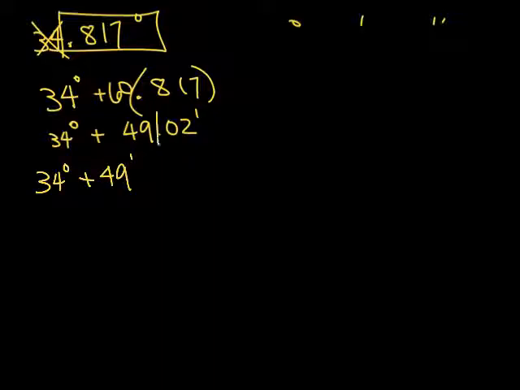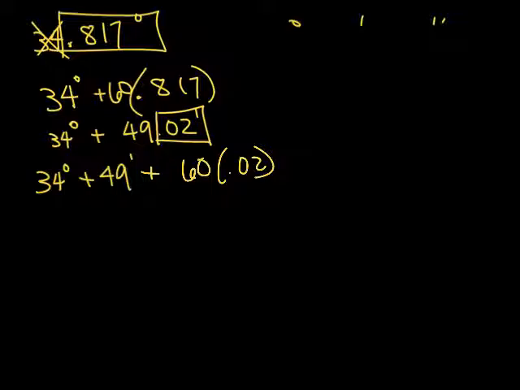Now we're going to change this to seconds. Look at what it's in right now. It's in minutes, right? So we're trying to go from minutes to seconds, and to do that we multiply by 60 again. Not 3600, because we're not changing from minutes to degrees.